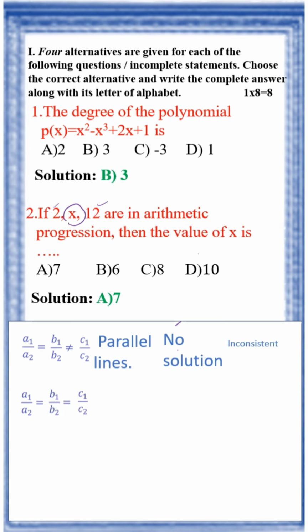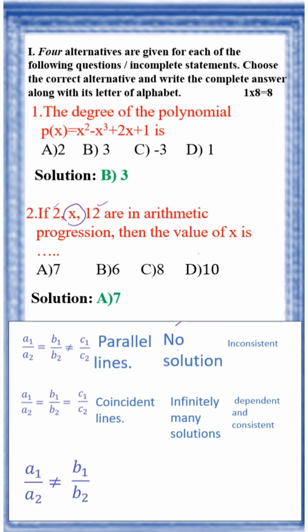If a1 by a2 is equal to b1 by b2 is equal to c1 by c2, coincident lines, infinitely many solutions, dependent and consistent. a1 by a2 is not equal to b1 by b2, intersecting lines, unique solution means only one solution, consistent.